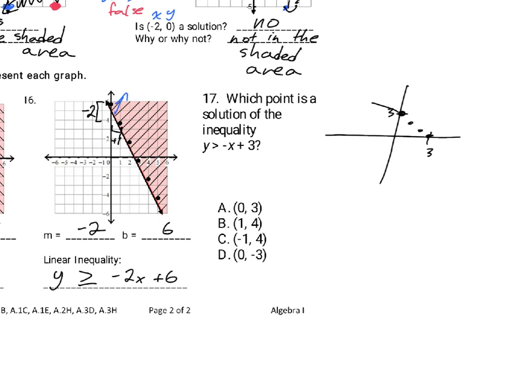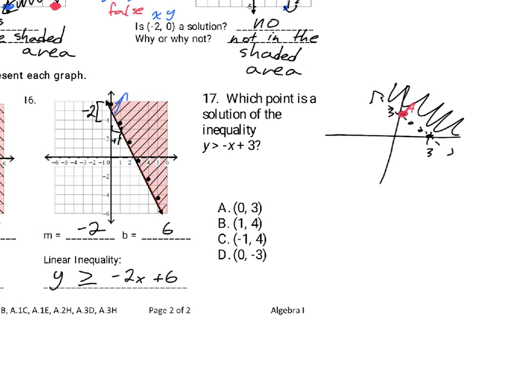And it would look something like that, except that it would be dashed. And this would shade above. So I'd try to take these points here, 0, 3.